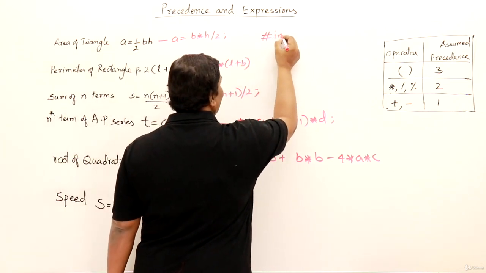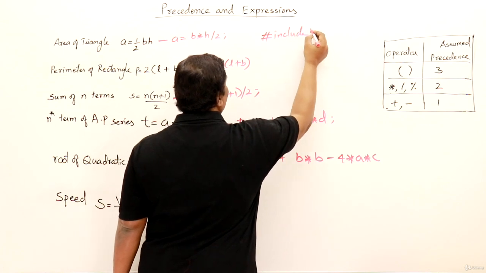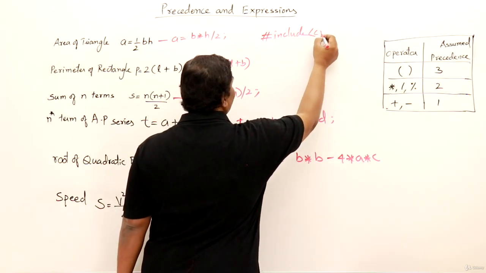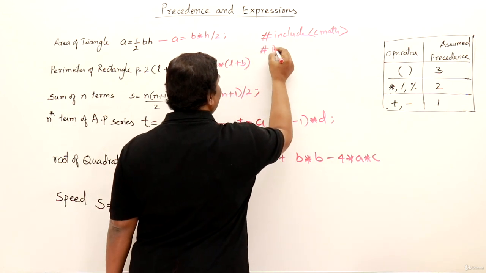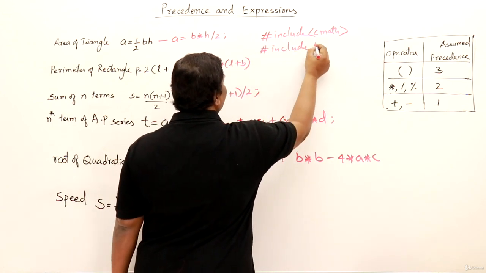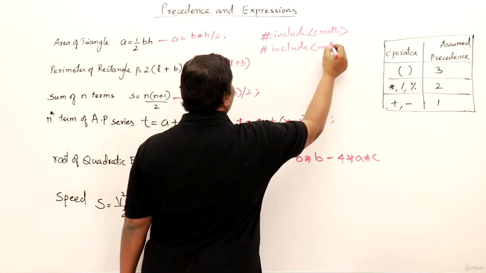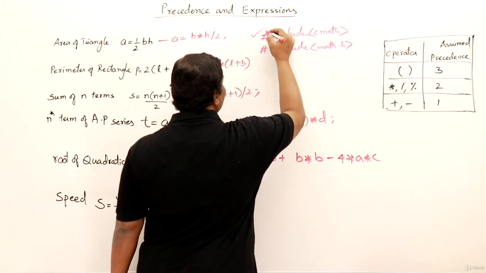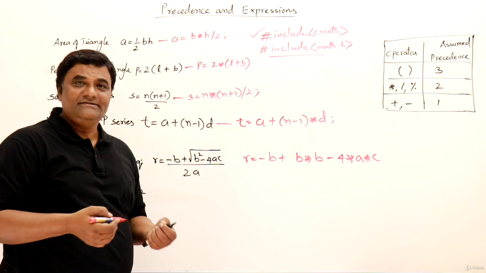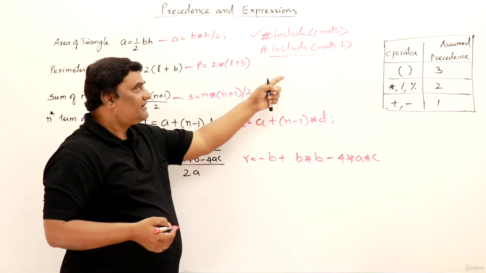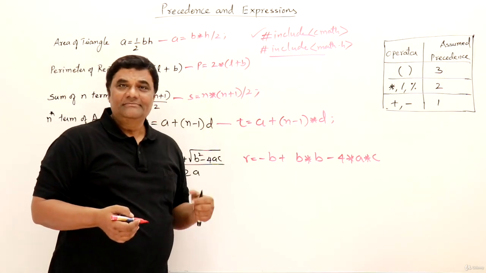So you can say hash include cmath, or else you can also write hash include math.h. Whatever one you like, you can use. This was there in C language, so you can use the C-like things in C++ also. If you want, you can write this, or cmath is a better option.